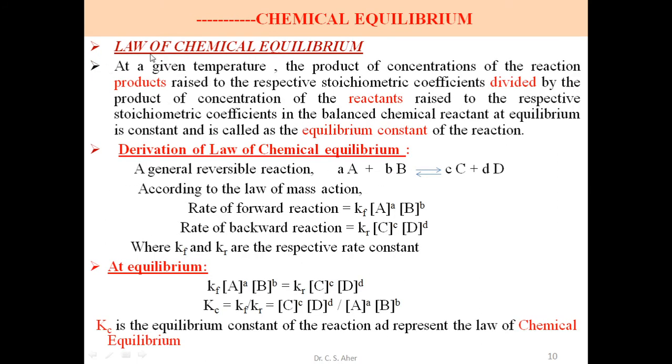The second term in chemical equilibrium is the law of chemical equilibrium. At a given temperature, the product of the concentrations of the products, each raised to its respective stoichiometric coefficient, divided by the product, that is the multiplication, of the concentrations of the reactants, each raised to its respective stoichiometric coefficient in the balanced chemical reaction at equilibrium, is constant and is called the equilibrium constant of that reaction.